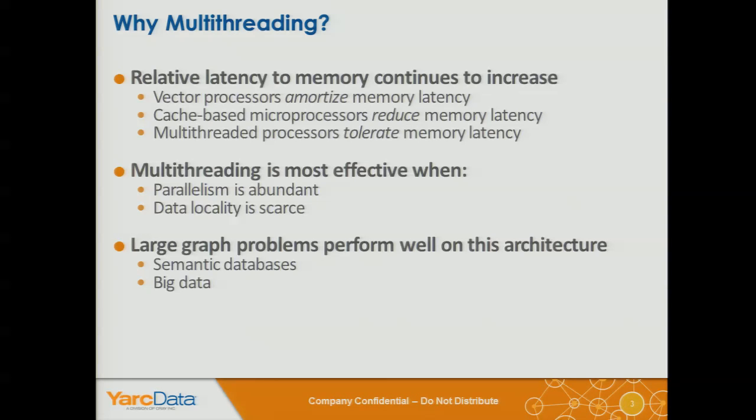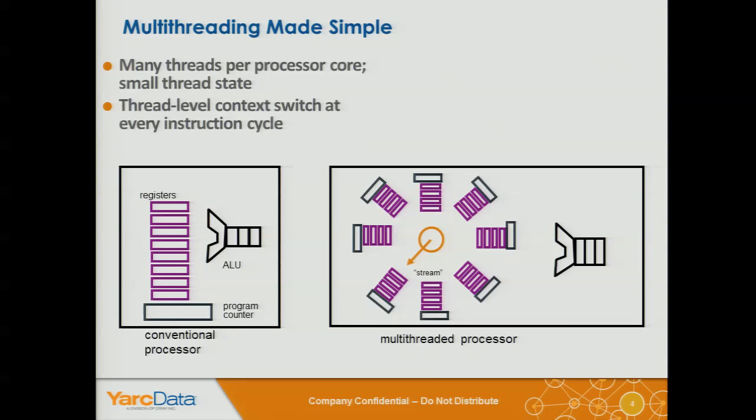And then big data, where data locality is scarce. If it's easily partitioned and there's a lot of locality, then a Hadoop cluster might work better for you. But if indeed the way that you are accessing your data leads you to all corners of the data set, then multi-threading will work the best.